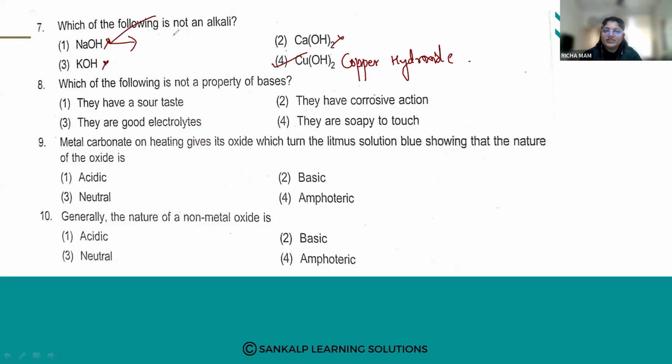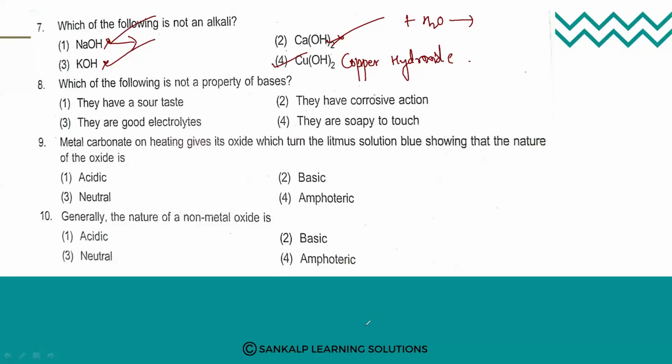Your NaOH, KOH, and calcium hydroxide will dissolve when you add them to water. But copper hydroxide will not dissolve when added to water. Okay, fine. Go for the next question.